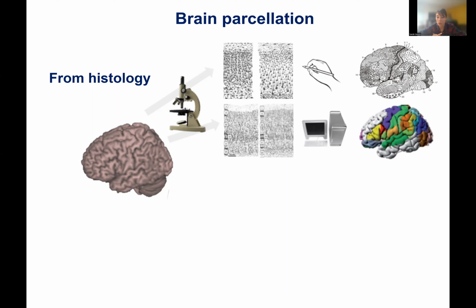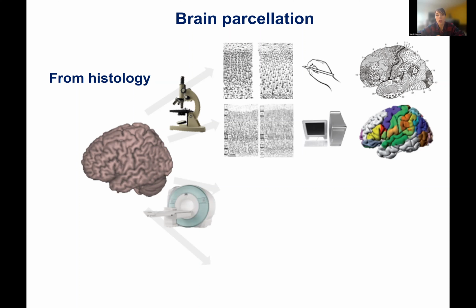But one important area of progress was introduced by the advent of the neuroimaging scanner. When neuroimaging scanners were developed, we could look not only at local features of the brain, but also at connectivity features.